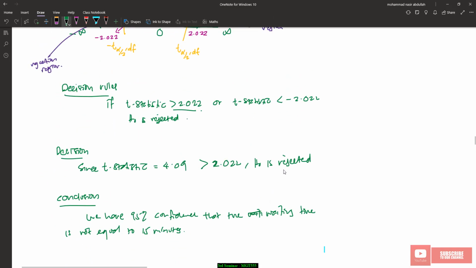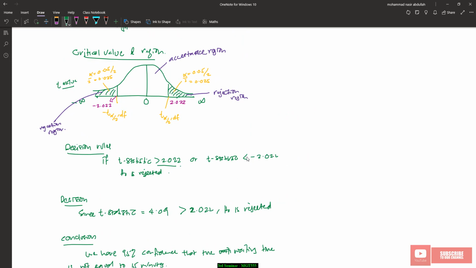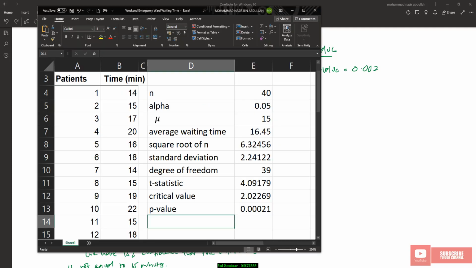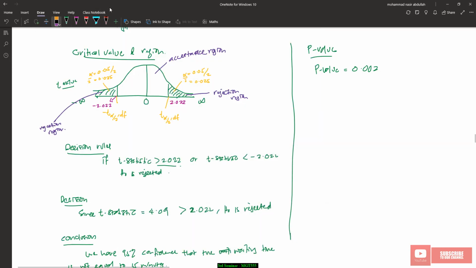0.0021. So we put it here. It is the same thing. If we don't use the critical value, we use the p-value. So the p-value is equal to 0.00021. Okay, there are three 0s here. And this is the decision rule: if the p-value is less than 0.05, the null hypothesis is rejected.